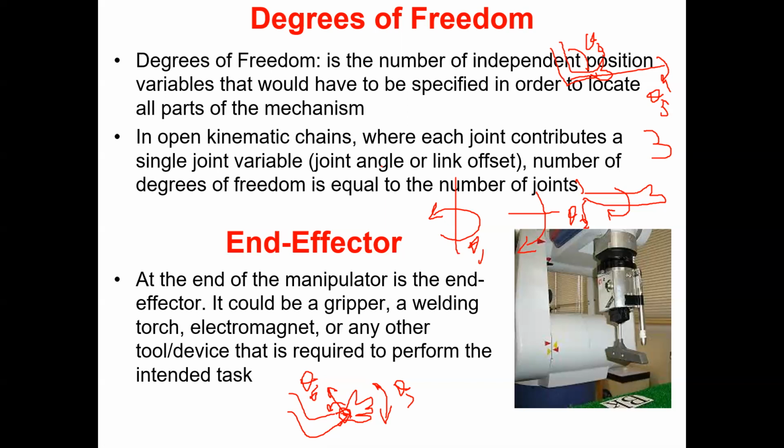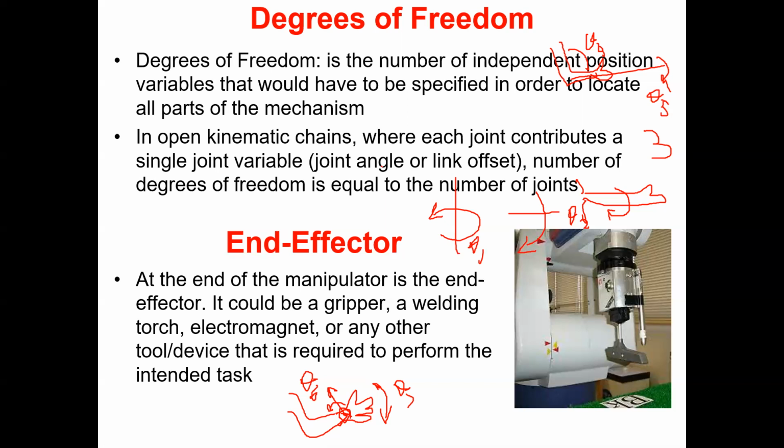So therefore, you're going to need altogether 6 degrees of freedom, if you want to have the full controllability of position and orientation in your workspace. So any manipulator which has 6 degrees of freedom can control the position and orientation arbitrarily. Arbitrarily means any, right?